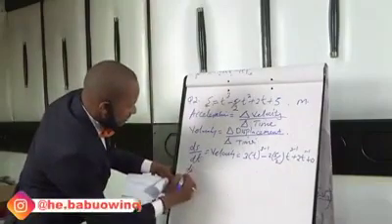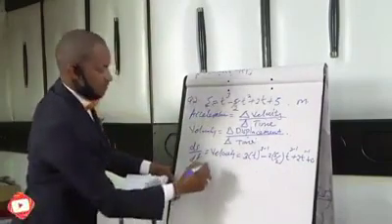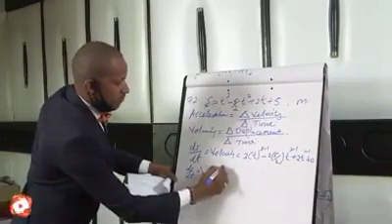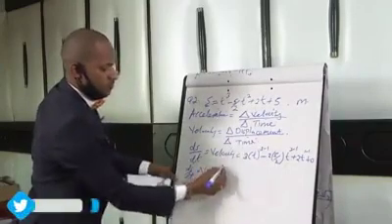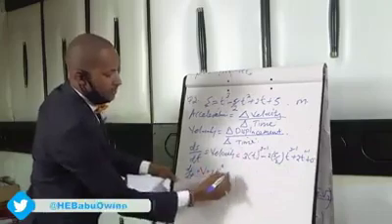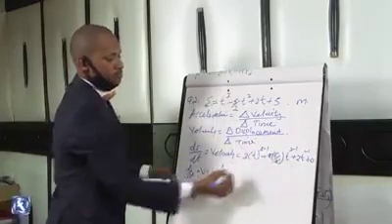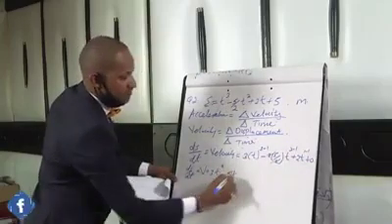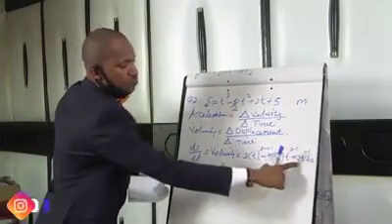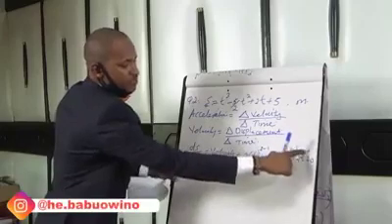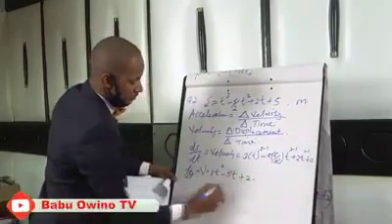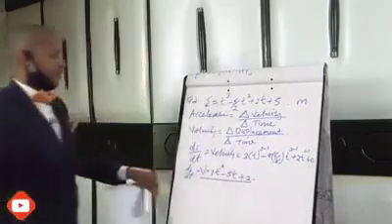Therefore, we have ds/dt, which is our velocity, equals 3t squared, since 3 minus 1 is 2. Minus 2 cancels with 2, you get 5t raised to power 1, which is 5t, plus 2t raised to power 0. t raised to power 0 is 1, therefore 1 times 2 is 2. So this is our velocity.